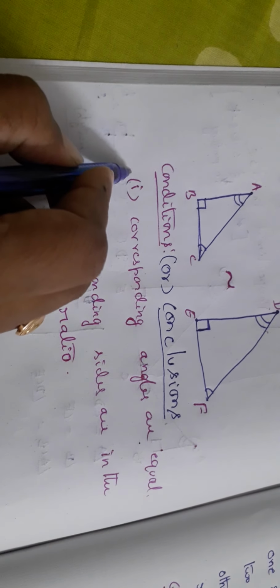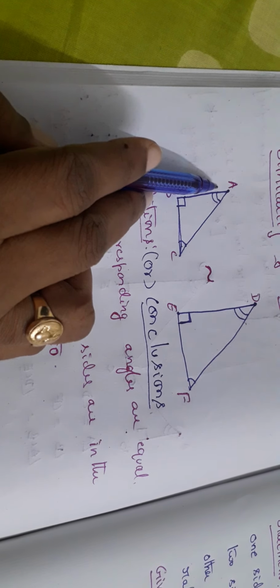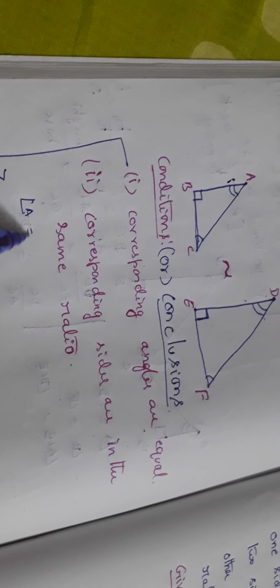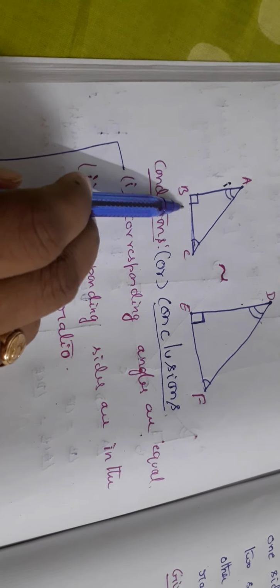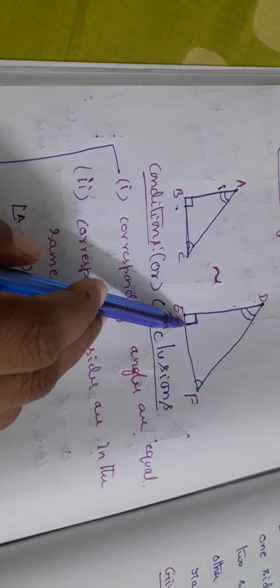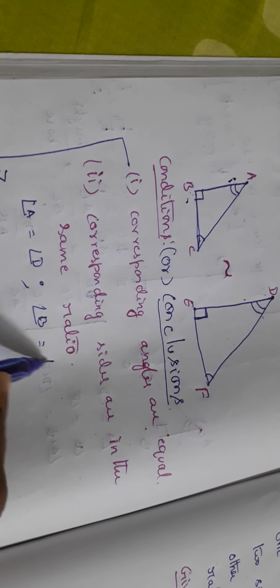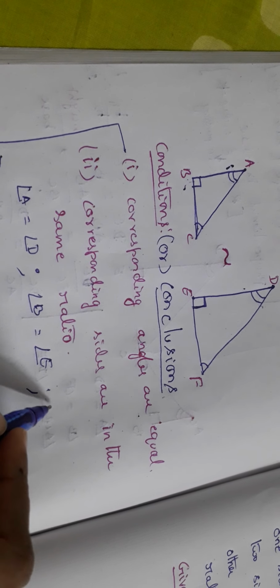So the first point corresponds to this. In detail, angle A is equal to angle D. What about the other one? This is the corresponding angle to this one, so angle B is equal to angle E. What is the other angle you have?